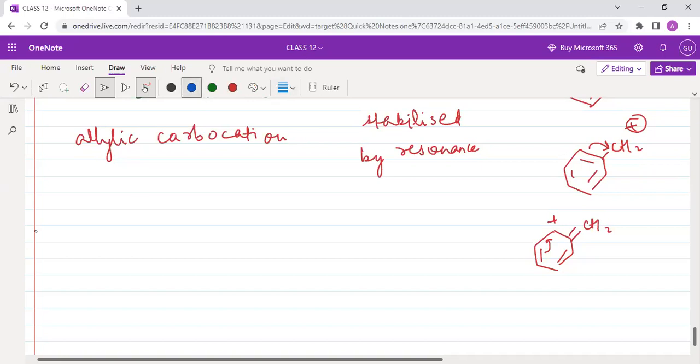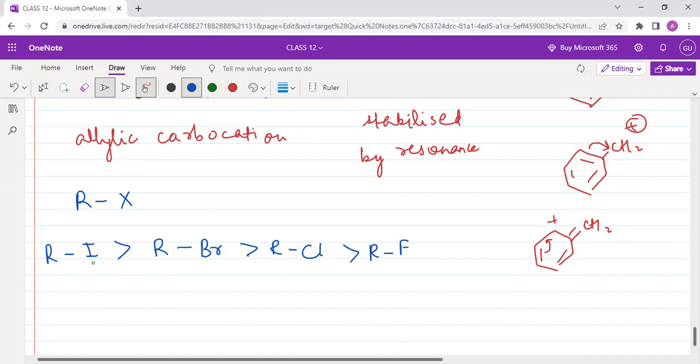And the last thing is the reactivity of alkyl halides, RX. RI will show maximum reactivity because it has the maximum bond length, so it can easily cleave. Then it will be RBr, then RCl, and then RF.